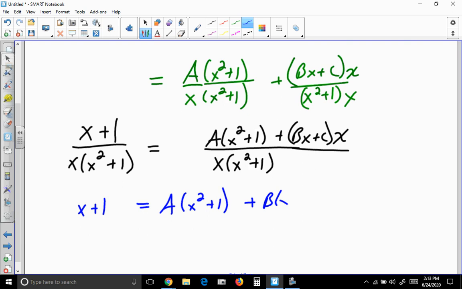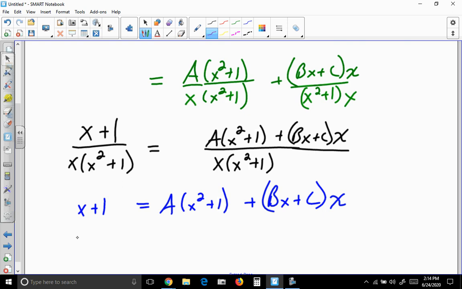Now this one is going to be a little bit less straightforward than the other two. On the other two, we simply picked a value for x, and when we plugged that number in, we were able to find one letter, and then we plugged the other one in to find the other letter. This time we have 3 different letters, and it's not going to be quite as easy as just plugging in a value for x.